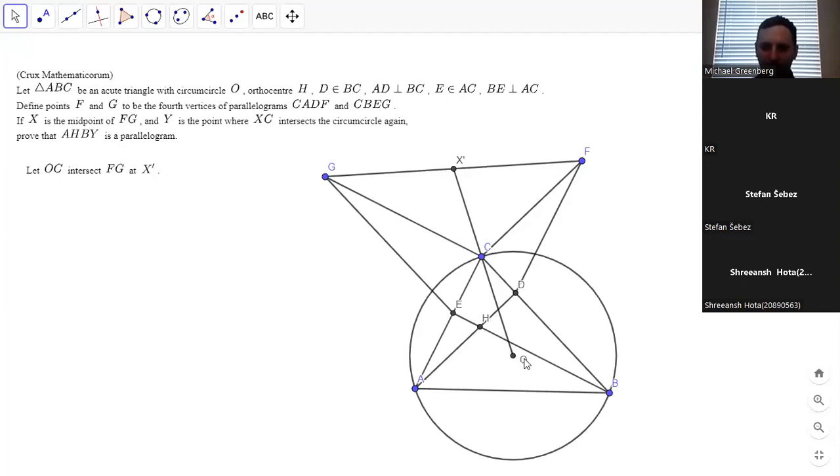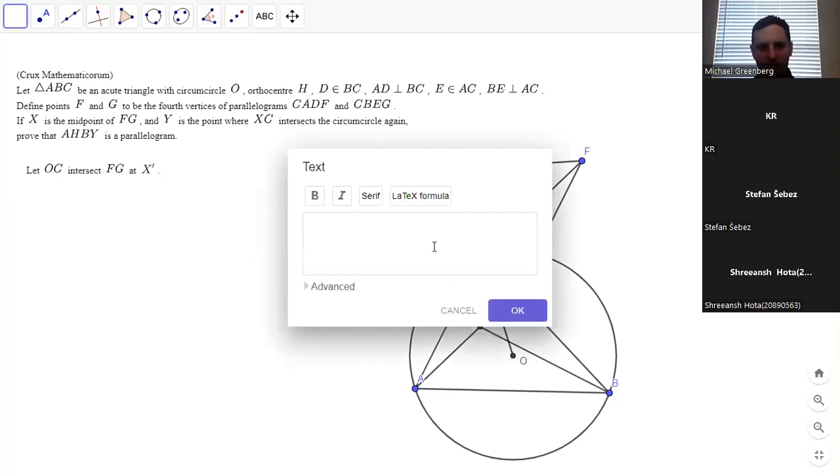Okay, all right. So I think that's the only real point we need to define. And then, first angle GCX prime. So angle GCE is angle CEB is 90. GCE is CEB.